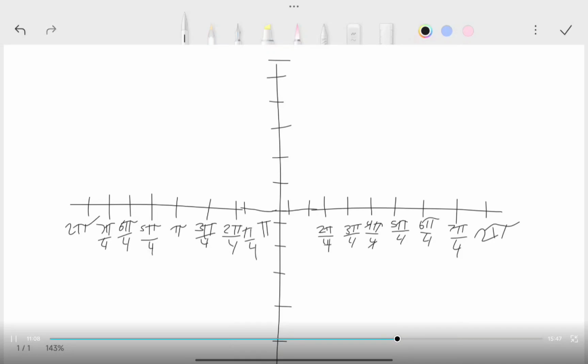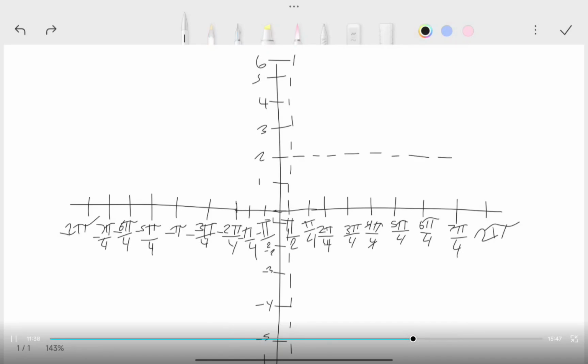Pi over 2 rather. So next is our phase shift. Let's just move to the right, which is pi over 2. And our next is the vertical shift, which is positive 2.